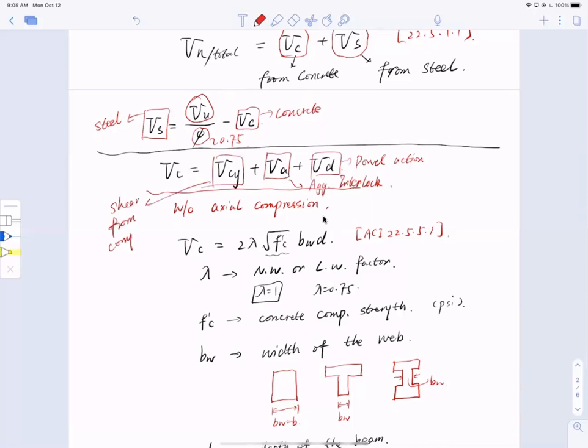And if you're smart, you notice that I start writing, and that's probably going to be on the exam, right? So three mechanisms constitute the shear resistance from the concrete part, okay?